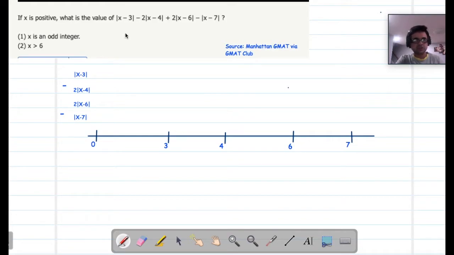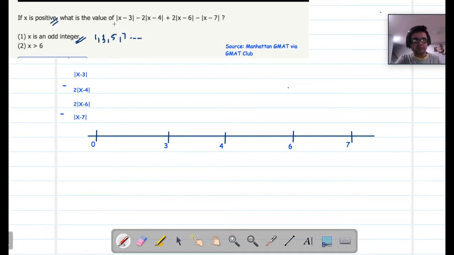like this. You're given these absolute values in the expression, and in the first statement it is given that x is an odd integer. What you're also given is that x is positive, so you cannot take values less than 0. If it is odd, then negative is already out of the question. So x could be 1, 3, 5, 7, and so on.